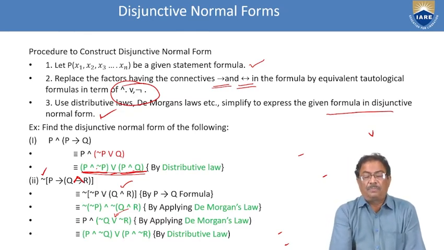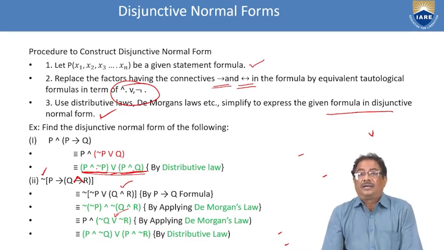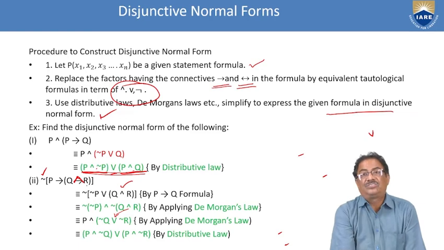So this is the sum of the products of the variables. So this is in the disjunctive normal form. Here there is no conditional. It is simply AND.